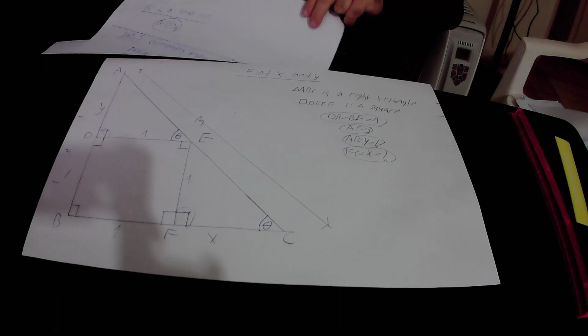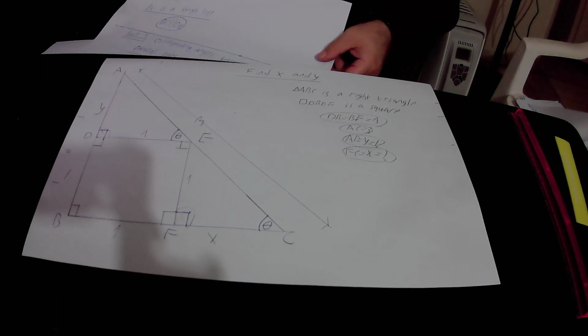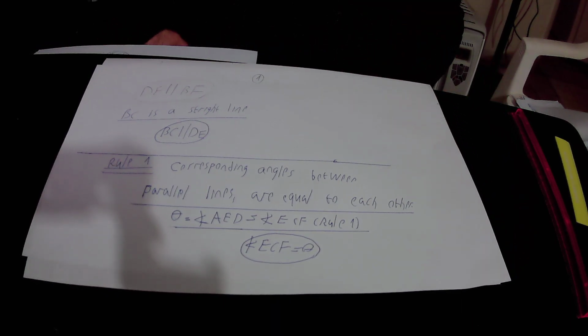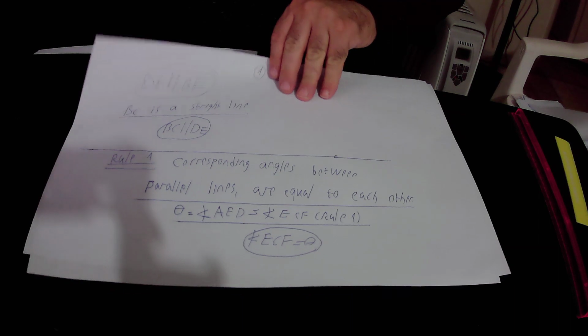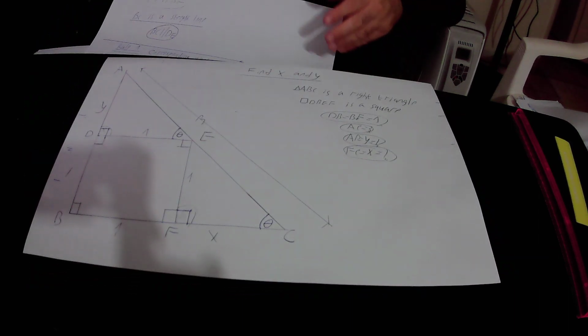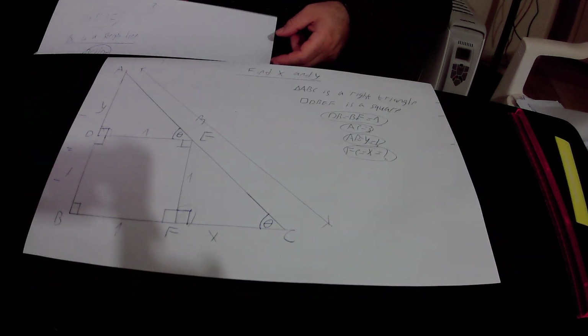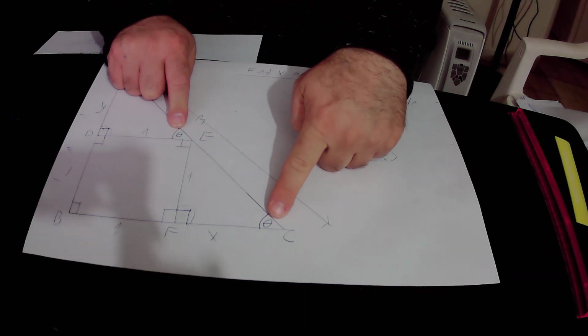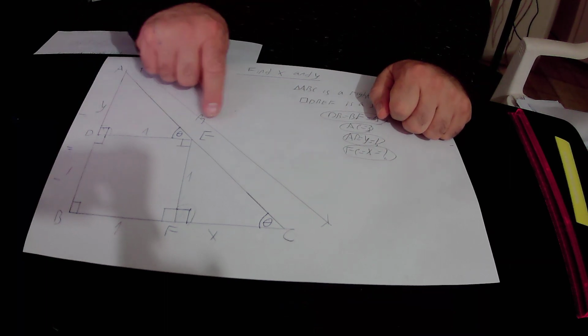Then I presented to you rule number 1. According to rule number 1, corresponding angles between parallel lines are equal to each other. So here, those two angles are defined as corresponding angles, and they are located between the parallel lines DE and BC.